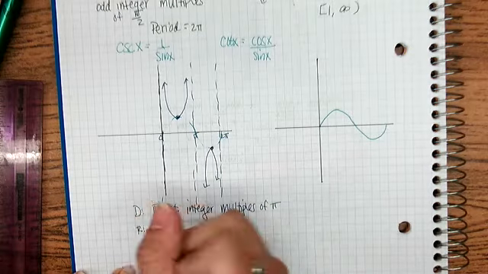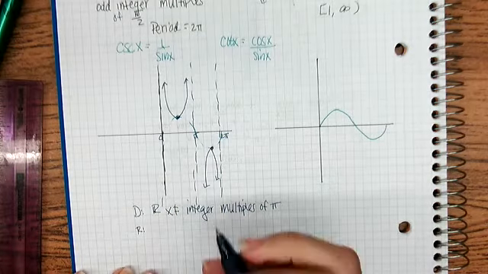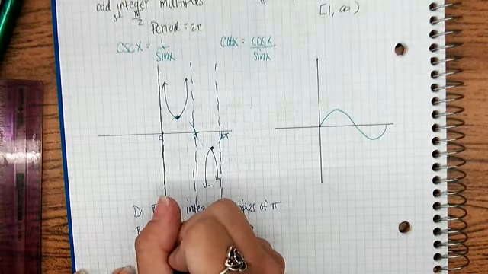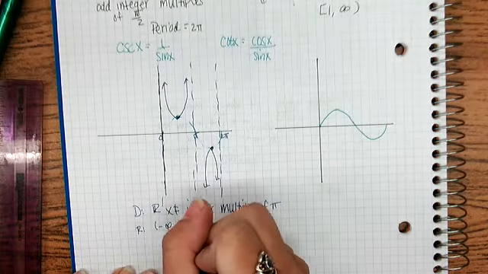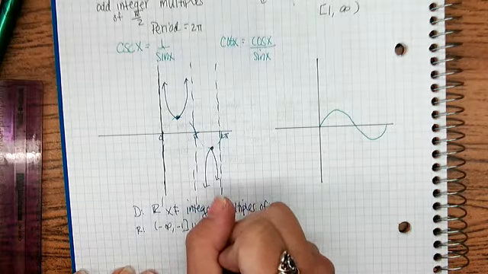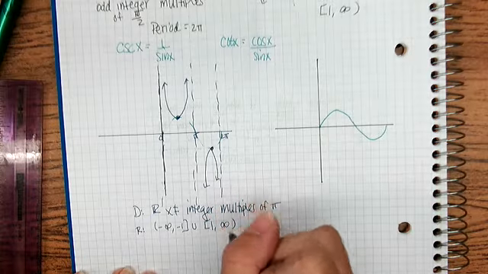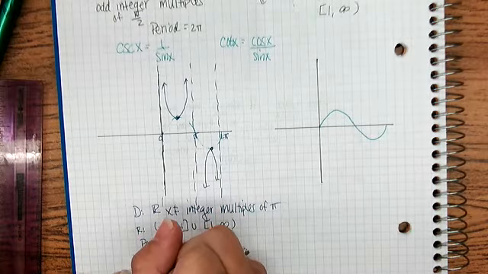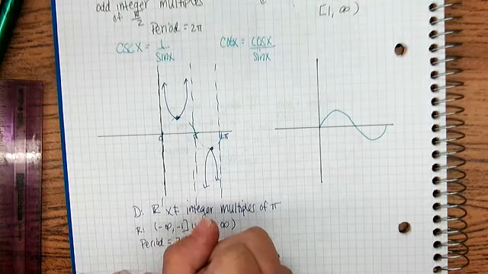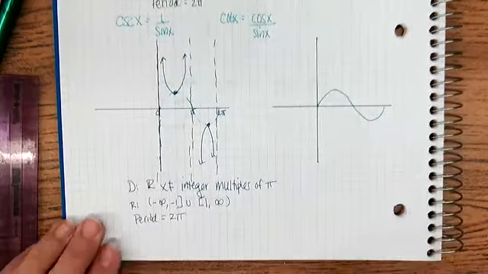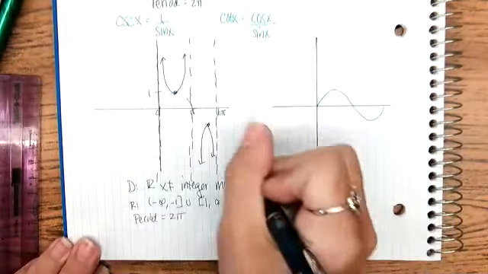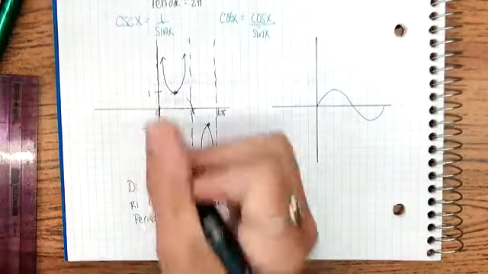Range is the same as it is for the secant curve. So that is negative infinity to negative 1 included, in union with 1 to infinity. And the period is 2 pi. I should label this is 1 and this is negative 1.